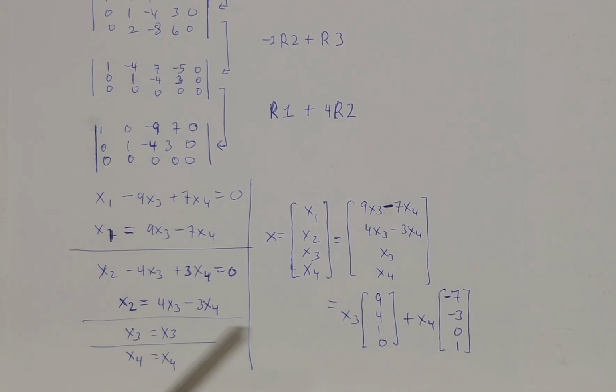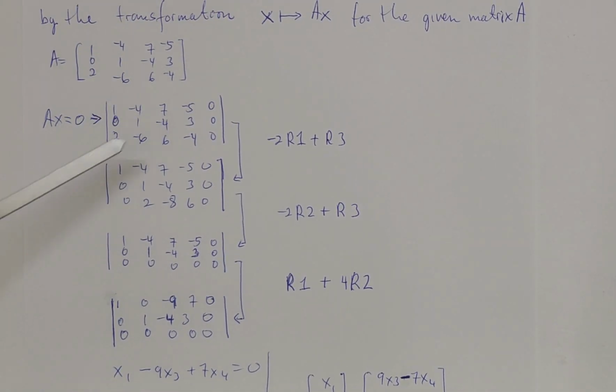So variable 3, I have 9, 4, 1, but there's nothing for variable 4 here, so that's why it's 0. Variable 4, I have negative 7, negative 3, but I have nothing for variable 3 here, so it's 0. But I do have something for variable 4, which is 1 here. So this is the solution to the problem up here.